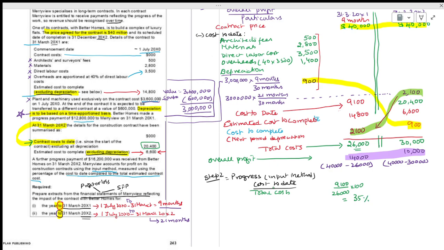And here, that is the reason I am writing everything here: 20,400 divided by 30,000 times 100. How much does it come to?